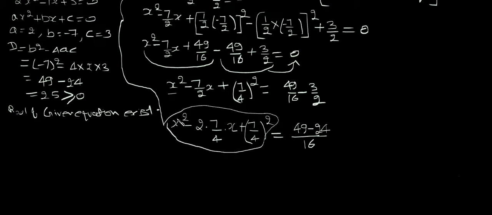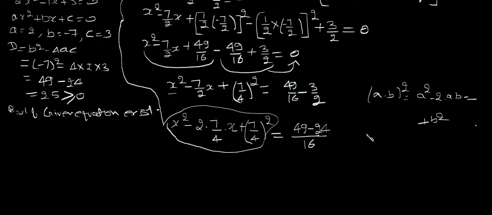Now if you see this whole term, this is actually a minus b whole square. This is equal to a minus b whole square, which is equal to a square minus 2ab plus b square.